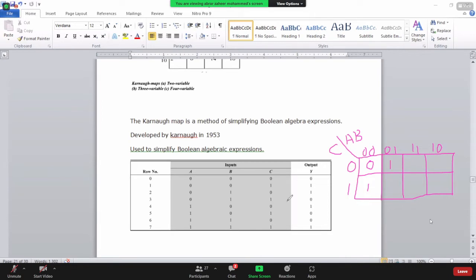For 0 1 1, the output is 0. For 1 0 0, the output is 1. For 1 0 1, the output is 0. For 1 1 0, the output is 0. And for 1 1 1, the output is 1.